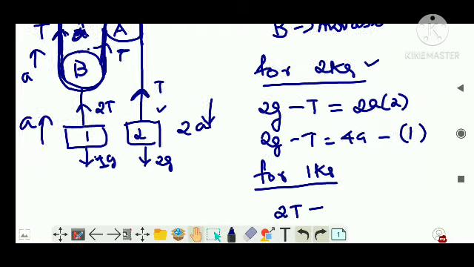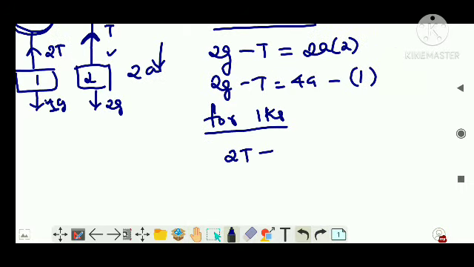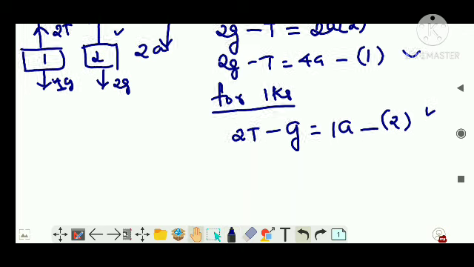Common sense, right? So in the case of 1 kilogram, I will write 2T minus G is equal to 1A, since the mass is 1. So you have two equations, solve these two equations. Clear? So how would you solve it?